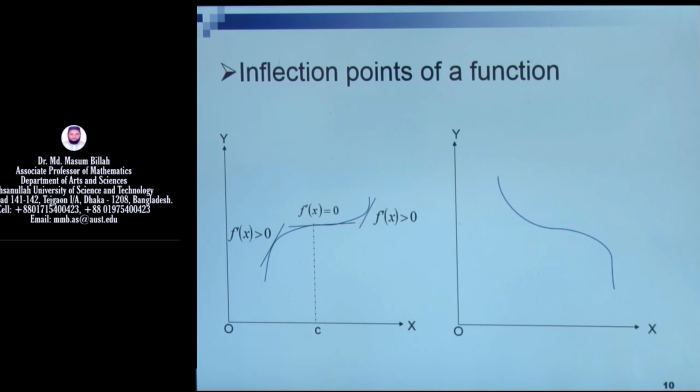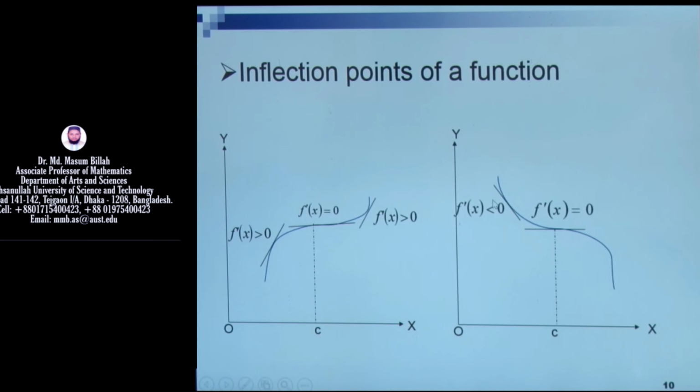We can consider another graph here, and we draw a tangent here, and you see at the point c, f'(x) equals 0. As f'(x) attains 0, we can say this is a stationary point or critical point. And now we can check the left side.